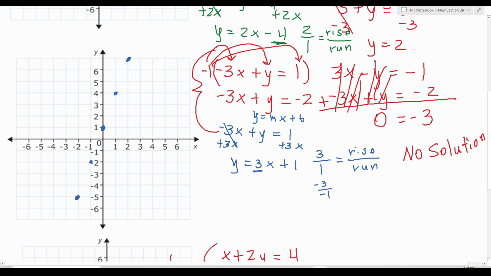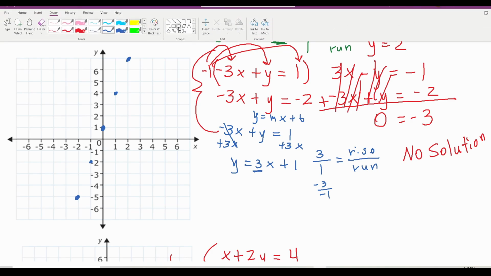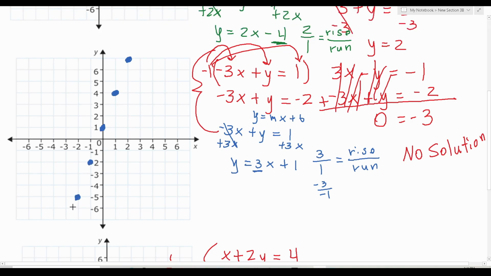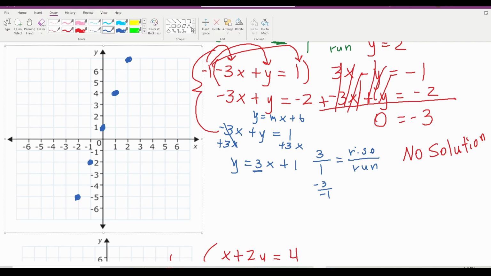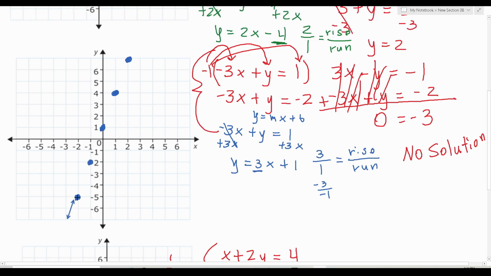We have enough to make our line now, and let me go ahead and draw that in very quickly. Okay, that's our line for that one.